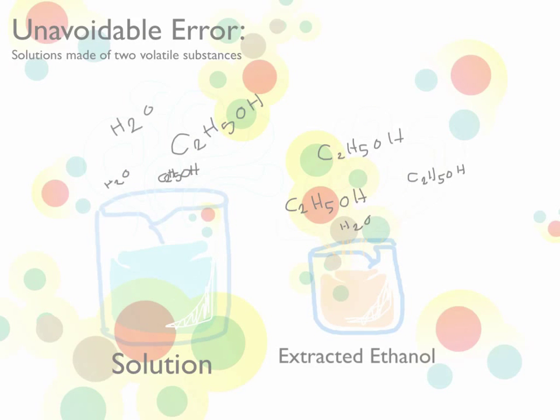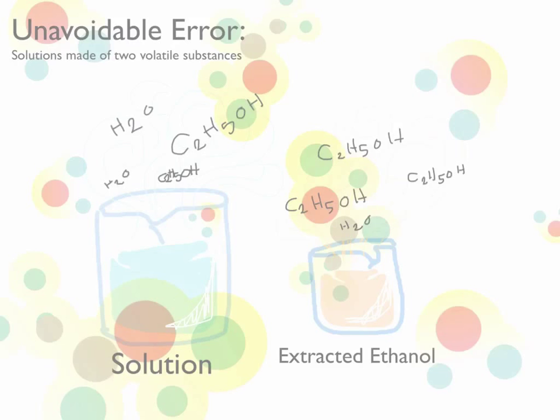An unavoidable error of the experiment is the fact that water will vaporize from the solution and make its way into the distillate, making ethanol diluted. This happens because when ethanol is mixed with water, a solution is made, a solution that has a vapor pressure. Since water and ethanol both evaporate at room temperature, both of them contribute to the solution's total vapor pressure.